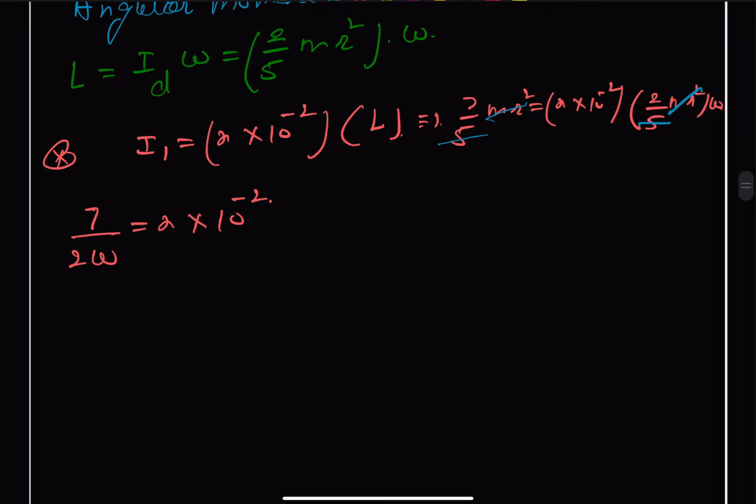So we can say this comes as 3.5 divided by 10 is equal to x into 10 to the power minus 2.